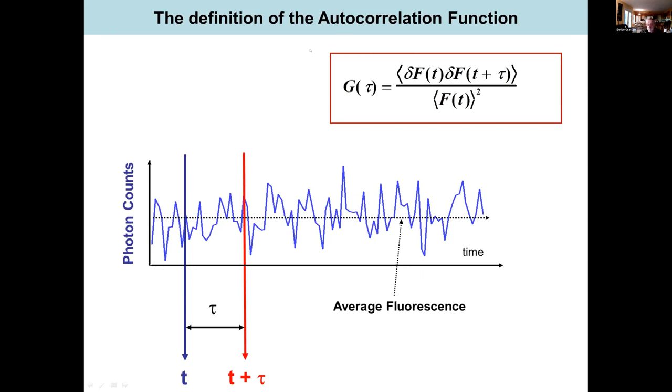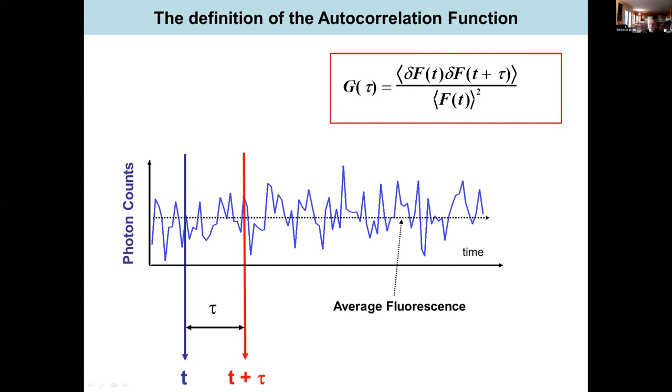And then this is very important. We normalize the function by the square of the average intensity. That bracket indicates that we do an average. So this is the definition of the correlation function. If we know how to calculate the change in the fluorescence, we should know how to calculate the correlation function.